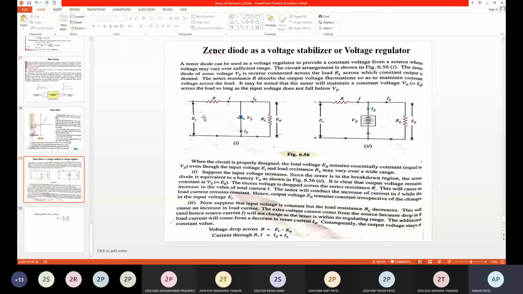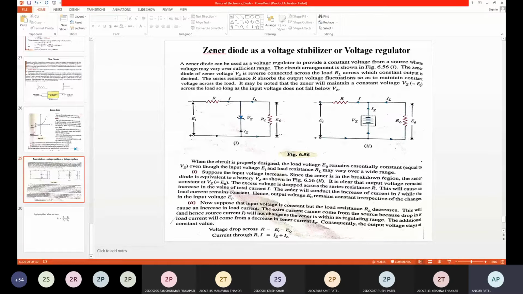When EI is less than VZ but more than 0 volts, it acts as an open switch. When EI is more than or equal to VZ, we can show VZ as a battery, connected in the reverse direction.